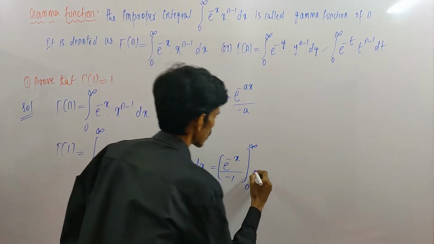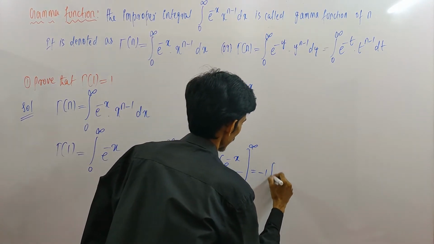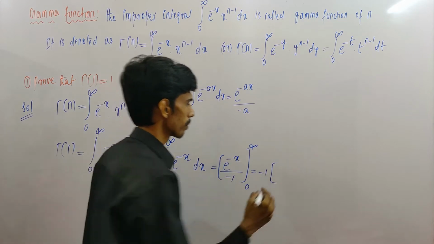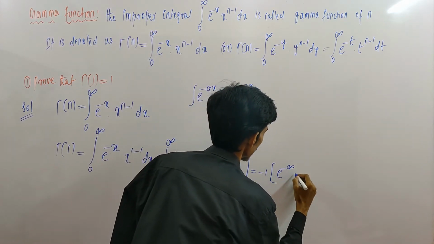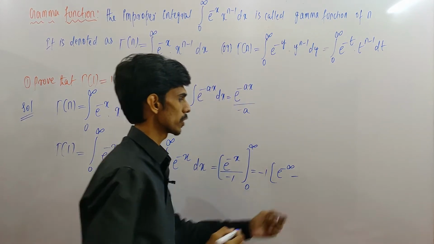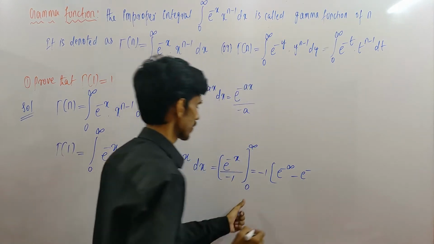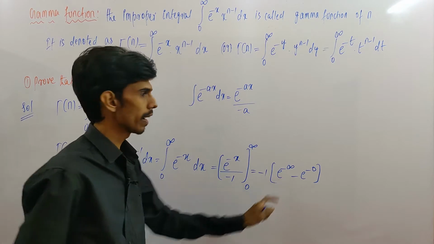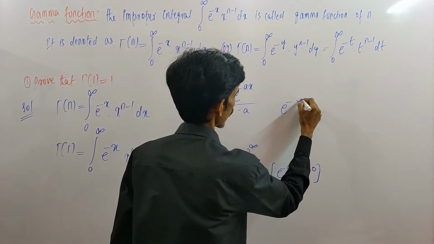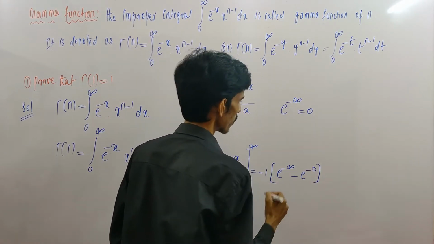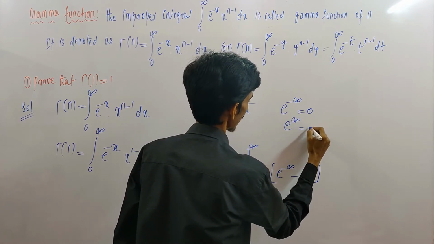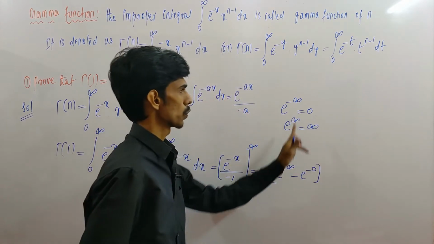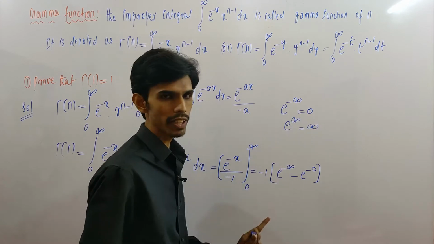Now take this minus outside, and substitute the upper limit, e power of minus infinity, minus the lower limit, e power of minus 0. We already know that e power of minus infinity value is 0 and e power of infinity value is infinity. So e power of minus infinity is always 0.